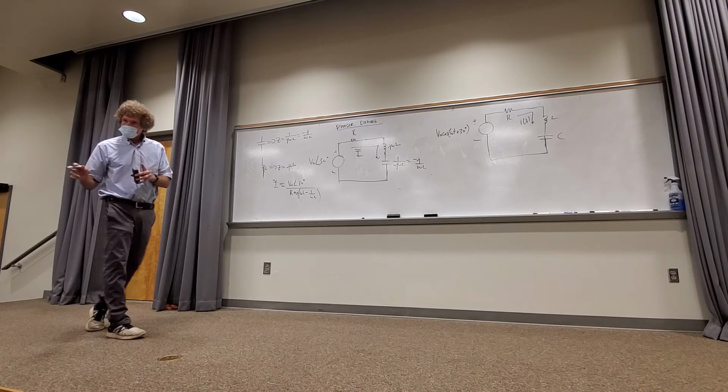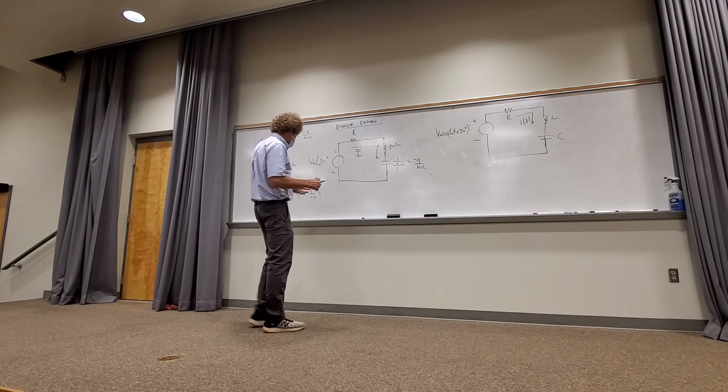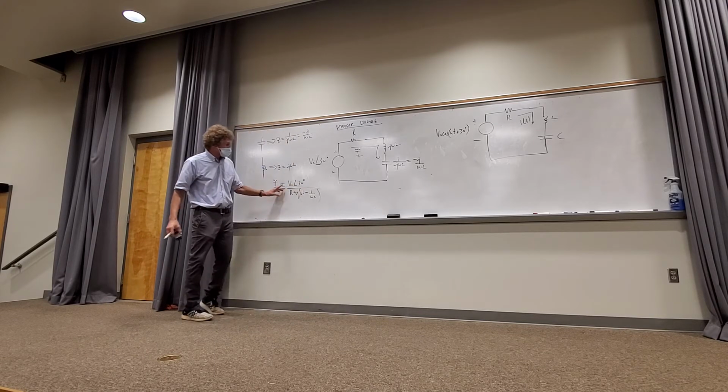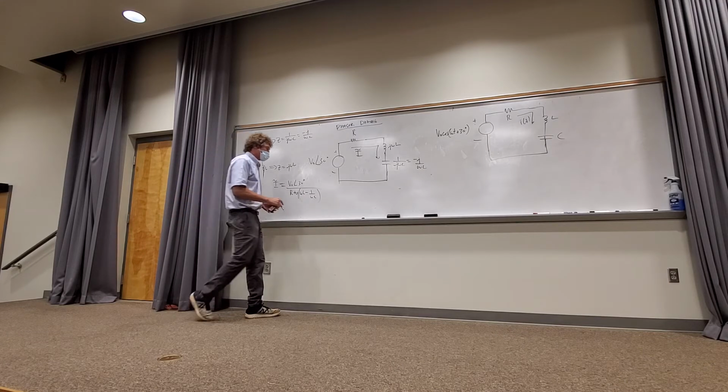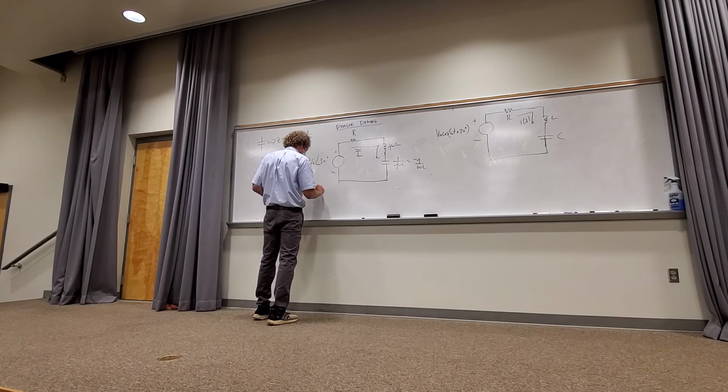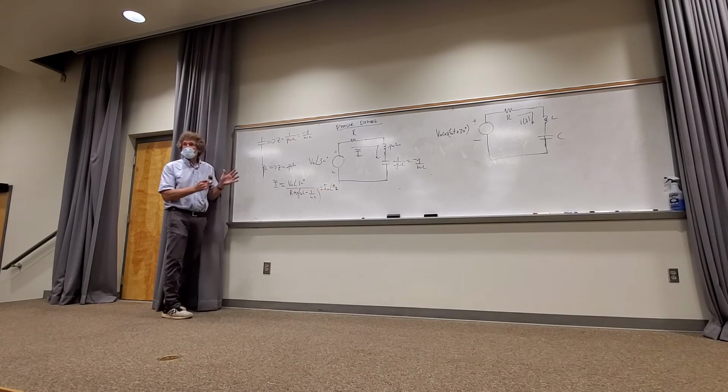Now, I'm going to do a little review of complex numbers, but do you all see that with complex numbers, this ultimately is going to be some magnitude, I'll call it I naught, at some angle, I'll call it theta sub I. Okay? It's going to have a magnitude and angle.